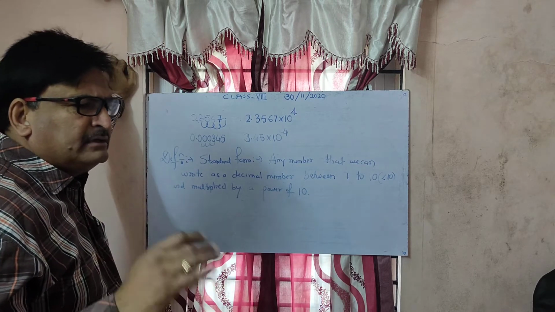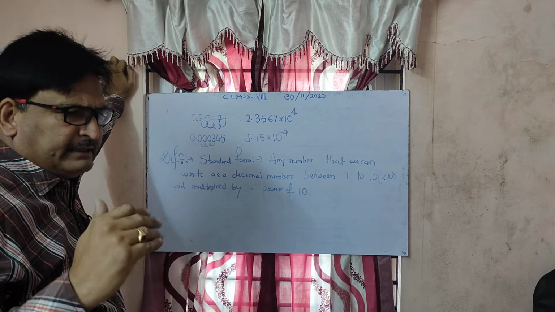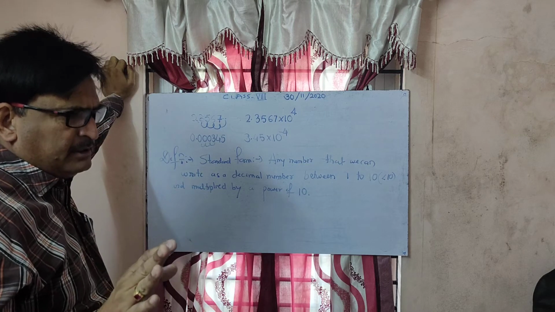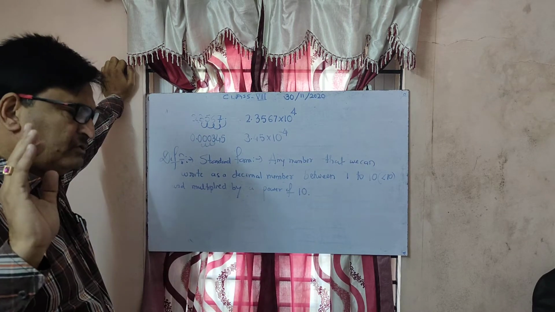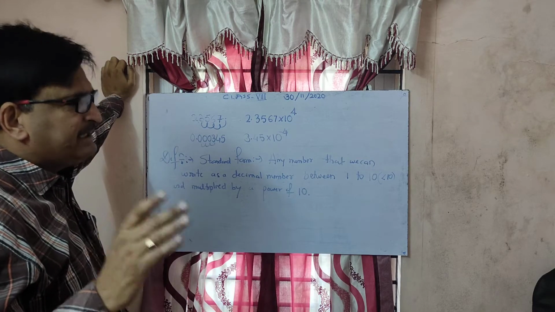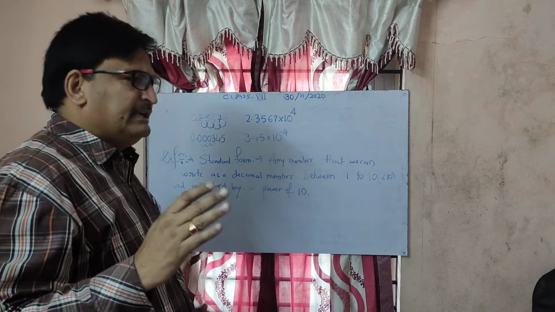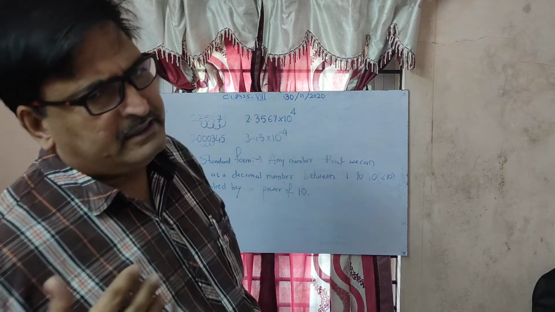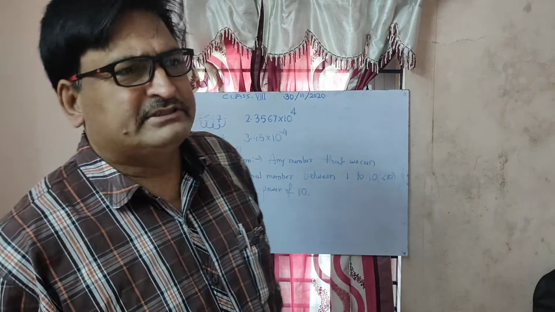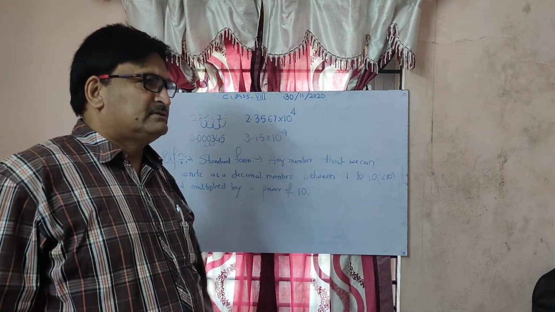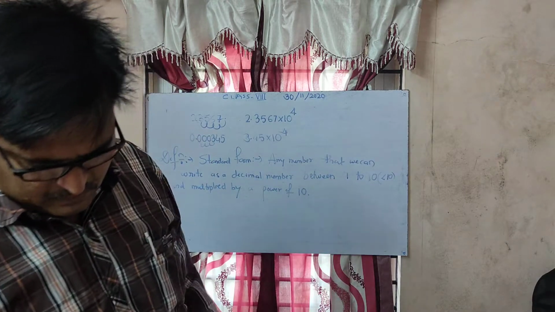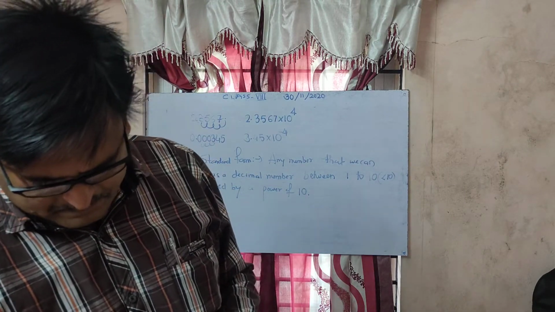It cannot be 10. It should be less than 10. It may be 9.9 also. It may be 9.999 also. But it should be less than 10. In between 1 and 10. So such numbers are known as the standard form.